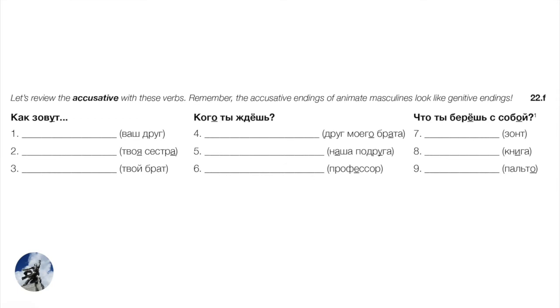So, for example, in number one, in English we'd ask, what is your friend's name? In Russian, we're asking, how do they call your friend, right? So your friend is appearing in the accusative as the direct object of calling. Как зовут? This is a masculine animate, so it's going to look like a genitive form.